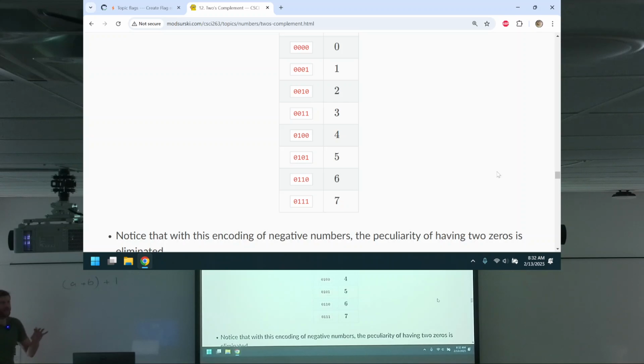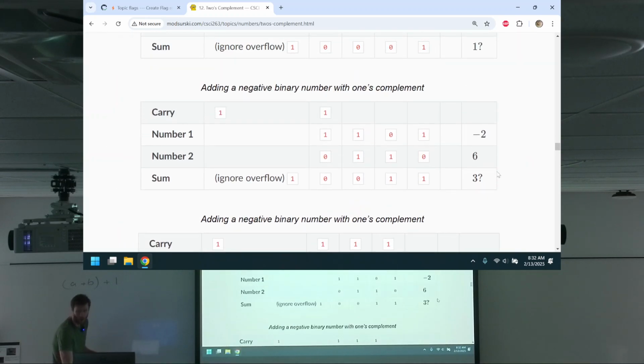Remember, when we were doing the arithmetic with 1's complement negative numbers, we were always off by 1, right? We were always lower by 1, like 1 lower in the table. So the trick, we could just add 1 to the final result, right? So we did a plus b plus 1. Again, really it was a minus b, right? A plus a negative number, which is just minus. We would do that. We were off by 1, so we fixed it by adding 1.